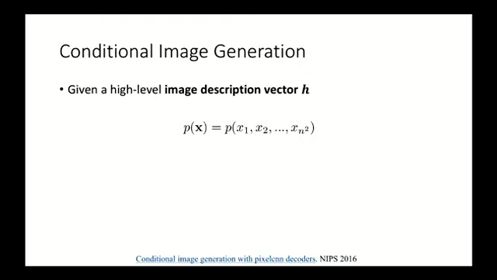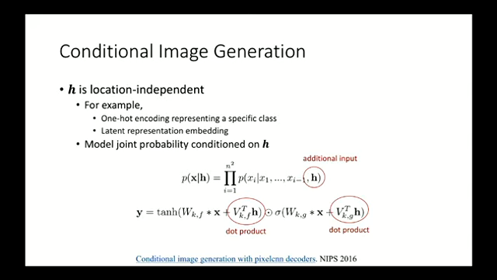The other variant is when we want to generate an image based on some information we have. If we have some image description vector, we call it H here. If we want to generate the image based on this vector, what we need to do is add a conditional vector here. In implementation, we just take this additional input, the vector, into our deep structure as an additional input, and we just train it.